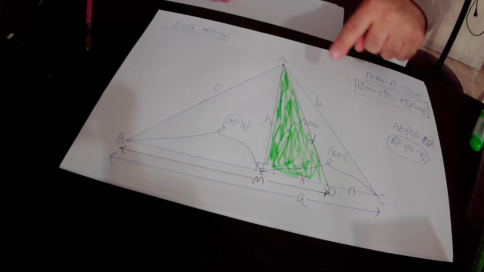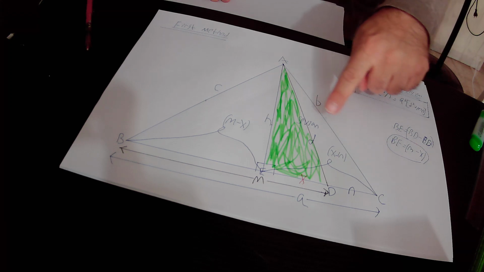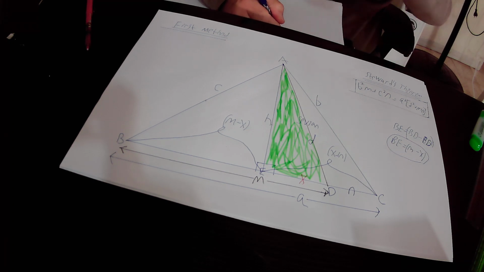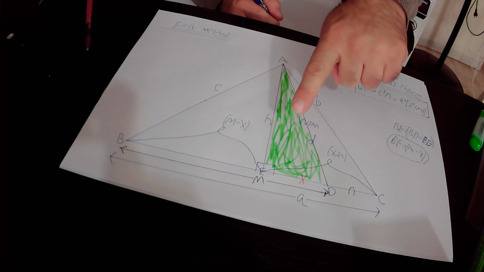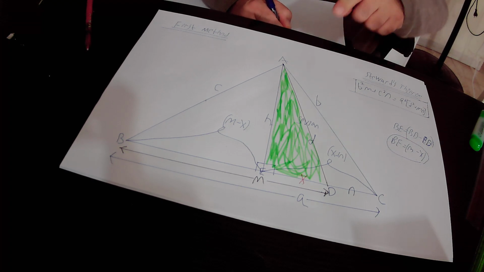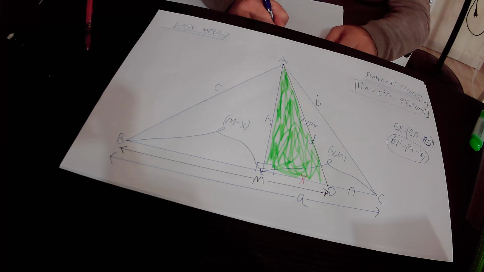So the hypotenuse in the right green triangle AED is AD, therefore the square of the hypotenuse is AD square, and it must be equal to the sum of the squares of the perpendiculars, that is to say, AE square plus ED square.